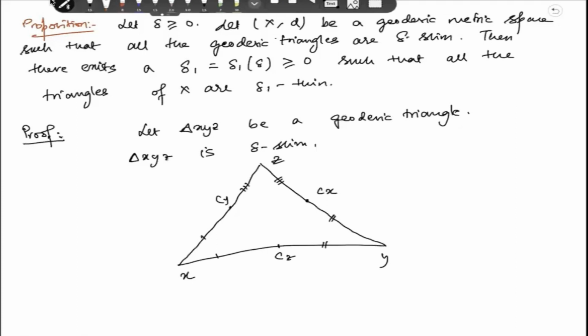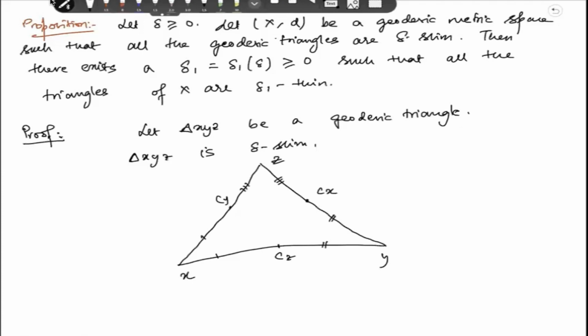Okay, so we have assumed that this triangle is delta slim. Now for this point CZ, I'll get a point CZ prime either on XZ or YZ such that the distance between CZ and CZ prime is less than or equal to delta. So let me write this down.